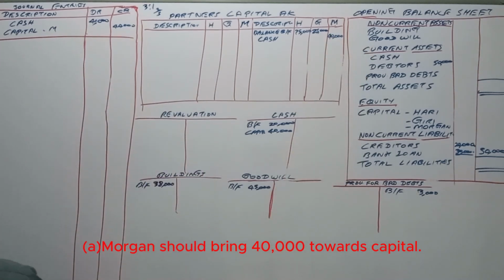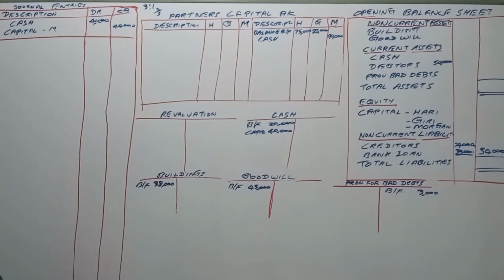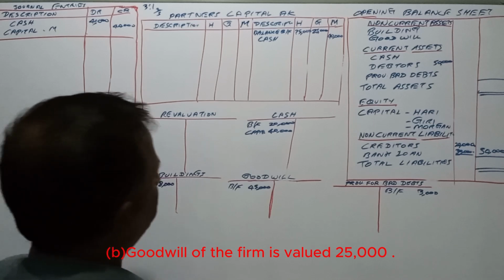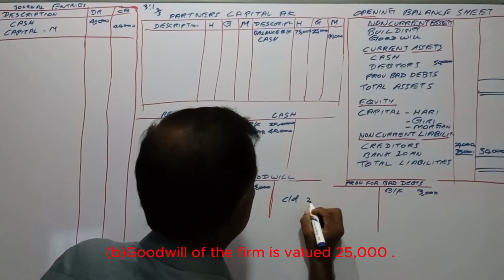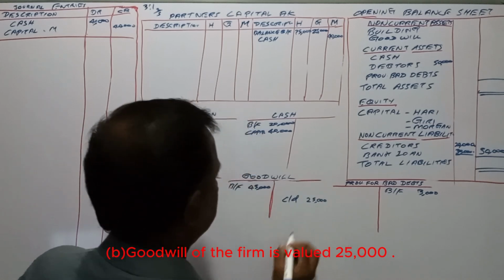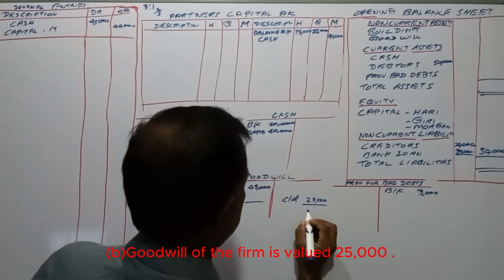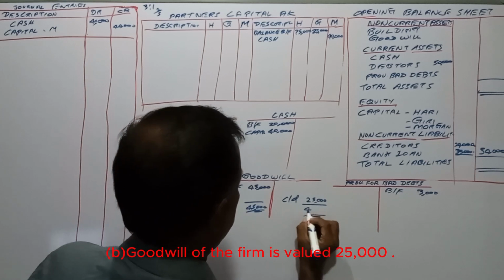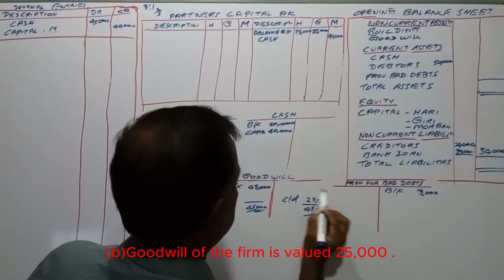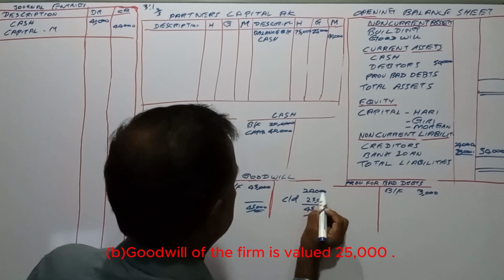Now, the goodwill of the firm is valued at 25,000. Goodwill is in the books at 45,000, and the new value is 25,000, so 20,000 is the difference.